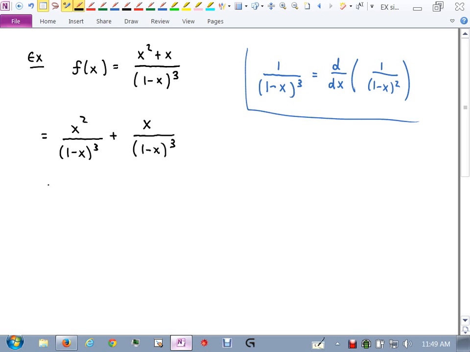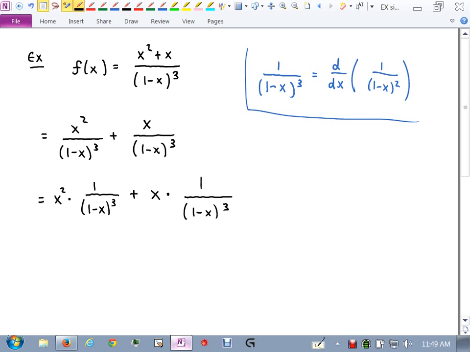And then I can say this is x squared times 1 over 1 minus x cubed plus x times 1 over 1 minus x cubed. I'm just pulling the x squared and the x out in front because I'm preparing to replace 1 over 1 minus x cubed with a series.